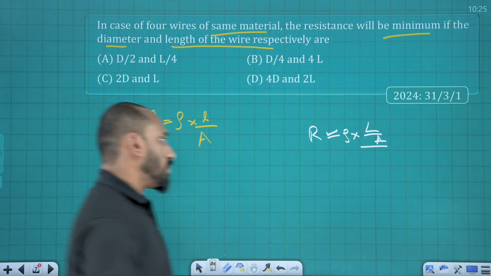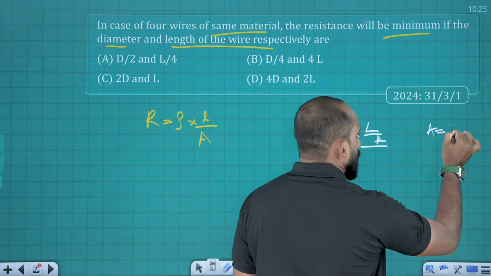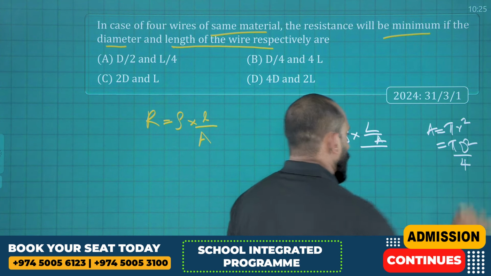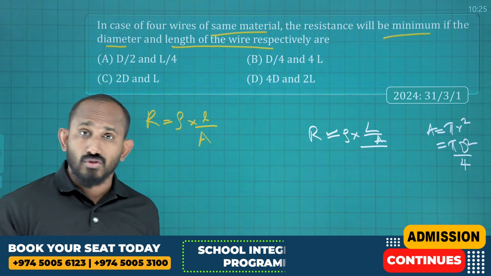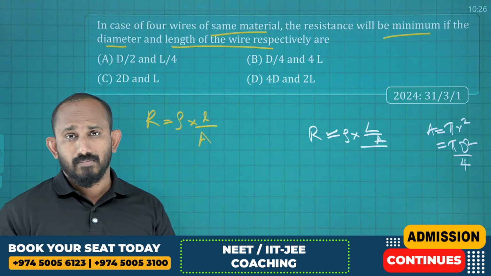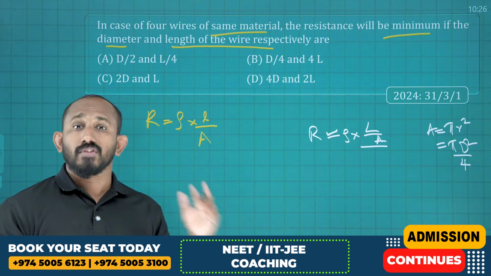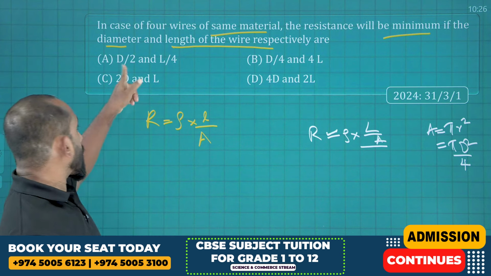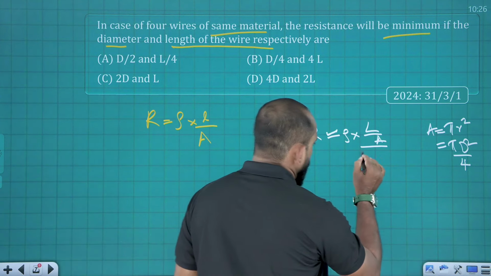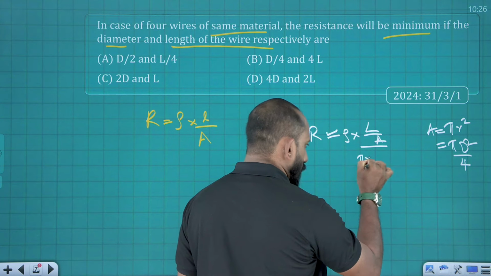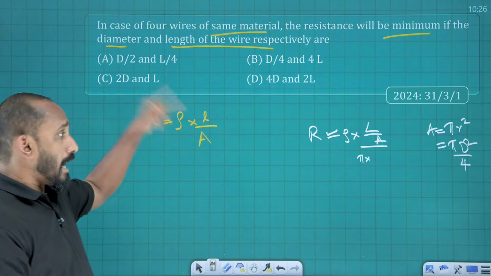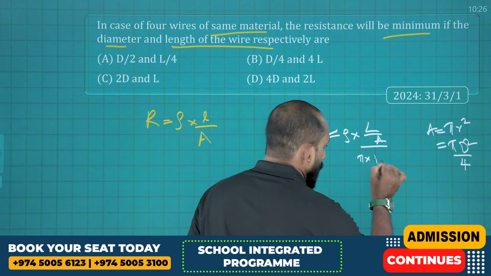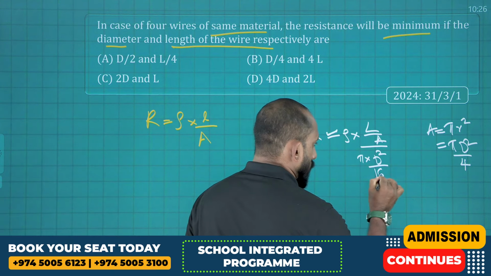The area is pi r square, which is pi d square by 4. Pi d square by 4 will be the area of cross section. D by 2 is the diameter, and if you square it, d square by 4 comes in terms of diameter. So it will be pi times d square by 4, and total will be d square by 4 into 4, that is 16.